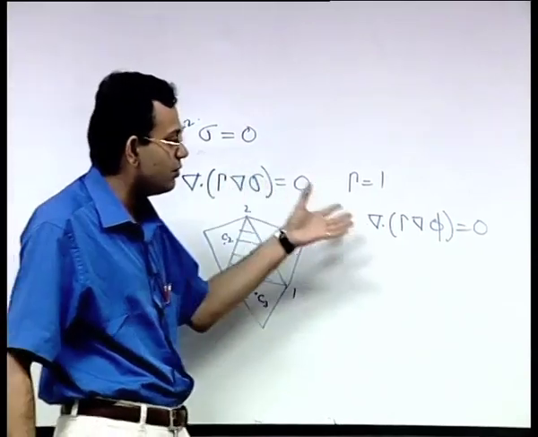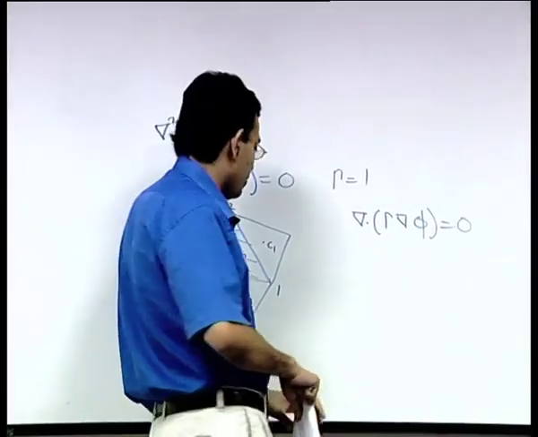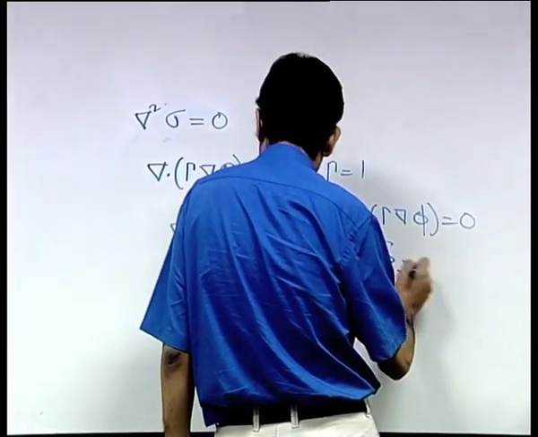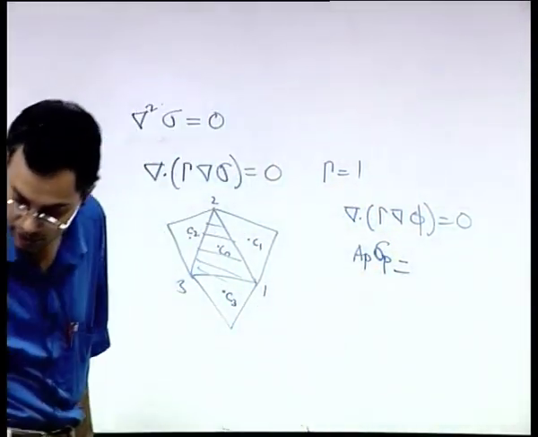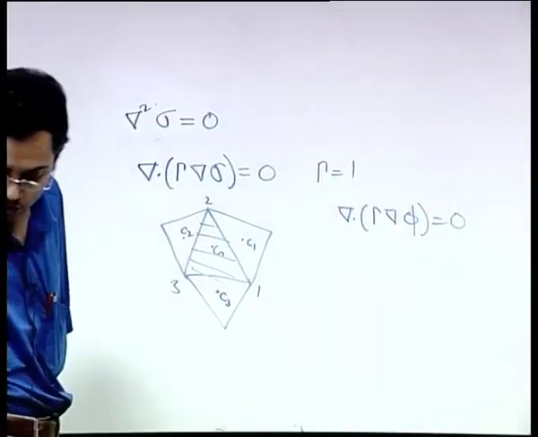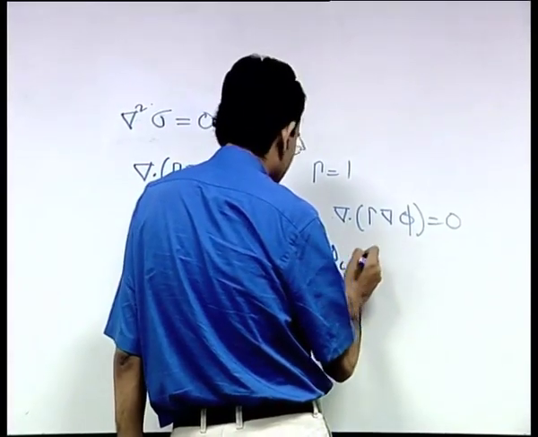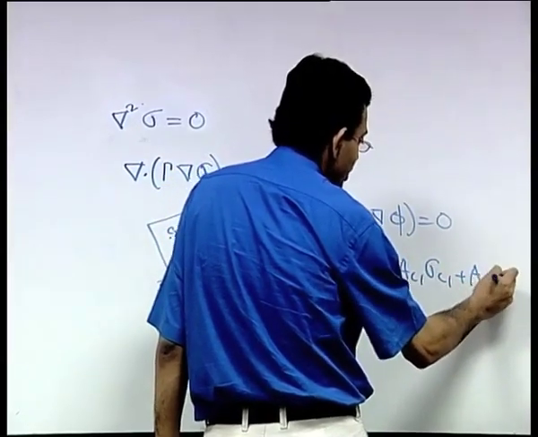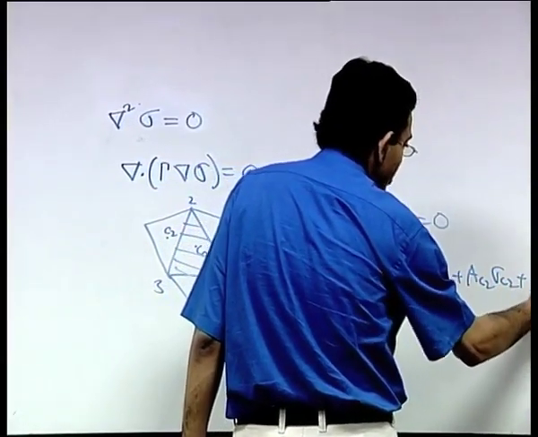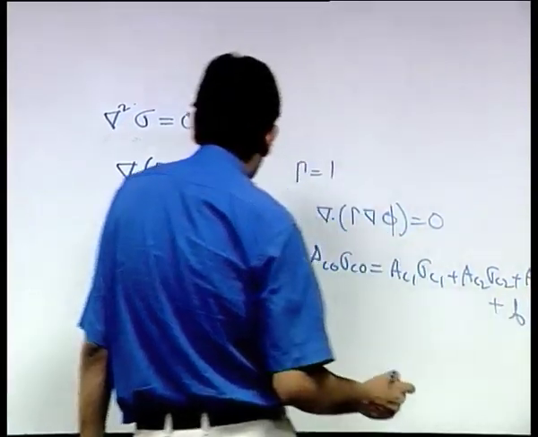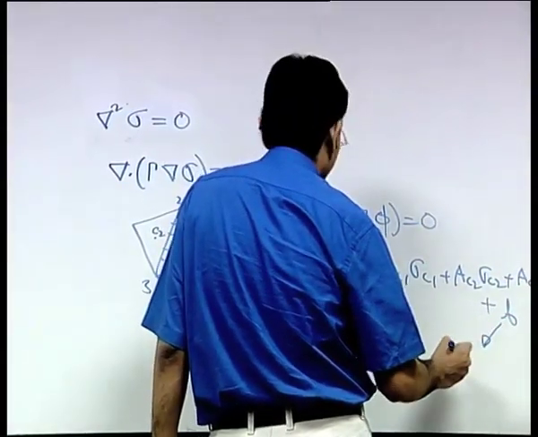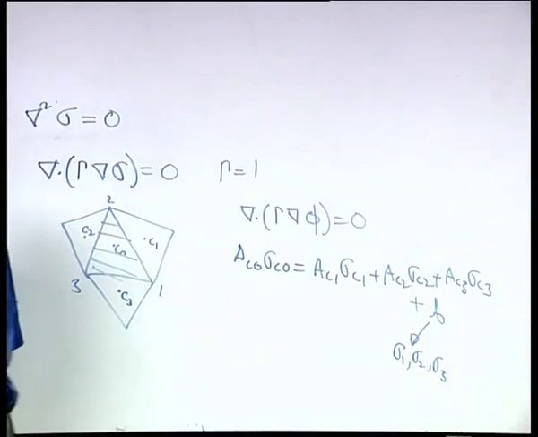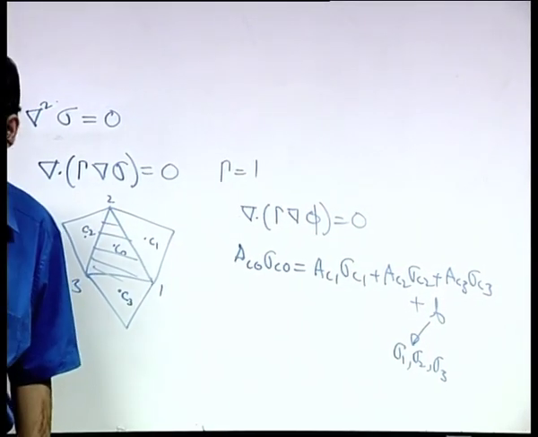So you can use the same derivations to decompose it in the form AC0 sigma C0 is equal to AC1 sigma C1 plus AC2 sigma C2 plus AC3 sigma C3 plus B, where in B you have terms involving sigma 1, sigma 2, sigma 3, and the corresponding fluxes are known as non-orthogonal diffusion fluxes.